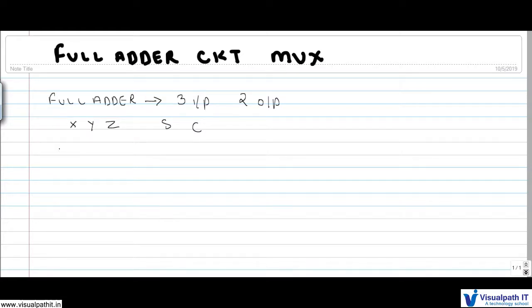So I need at least 2 multiplexers, right? I will write the sum of product form, or the minterm representation, of the sum. In sum, the 1, 2, 4, 7 bits are high, and for carry, 3, 5, 6, 7 are high.